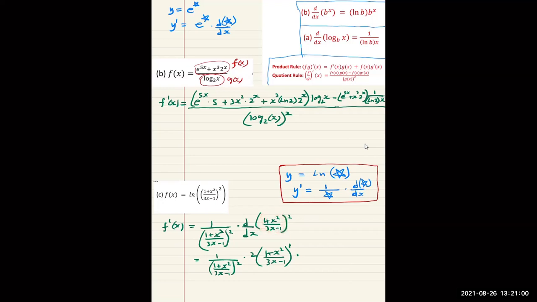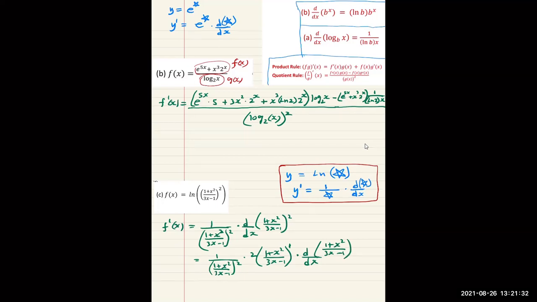Okay. If someone does not remember, please go back to section 2.4 and recall how to apply the star rule for an expression like this. We did an example very similar to this one. And then you need to multiply this by the derivative of your star. In that case, your star is this inside expression, 1 plus x squared divided by 3x minus 1.